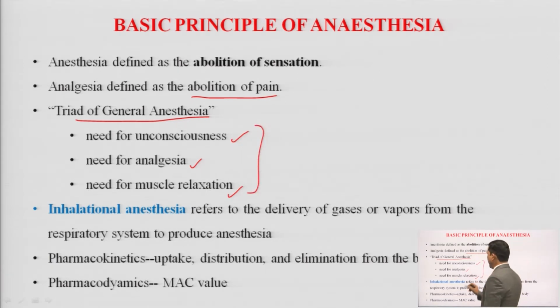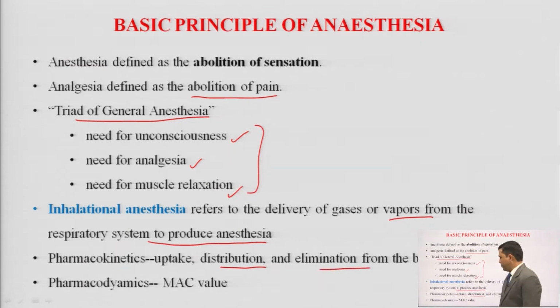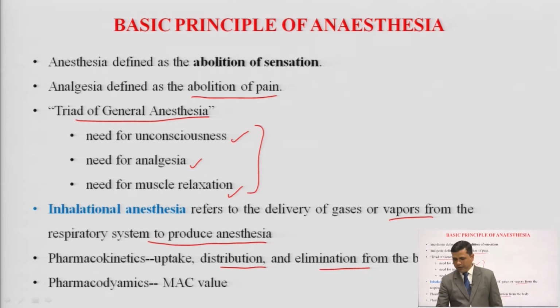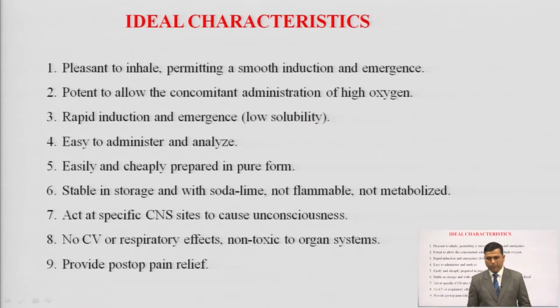These are the three important points for using general anesthesia. Inhalational anesthetics refer to the delivery of gases or vapor through the respiratory system to produce anesthesia. Pharmacokinetics covers uptake, distribution and elimination from the body, and the pharmacodynamics is the MAC value. These were already discussed in the previous class.